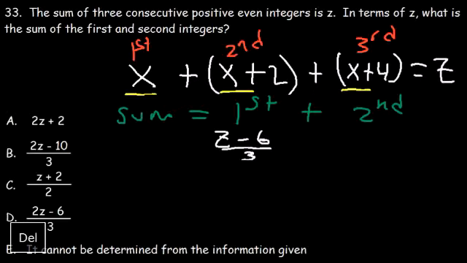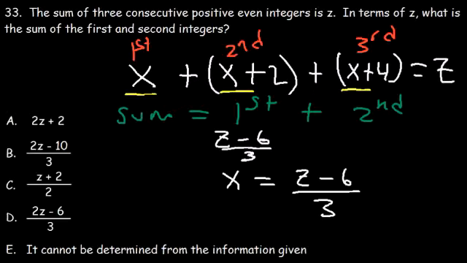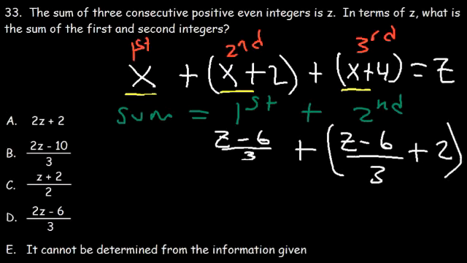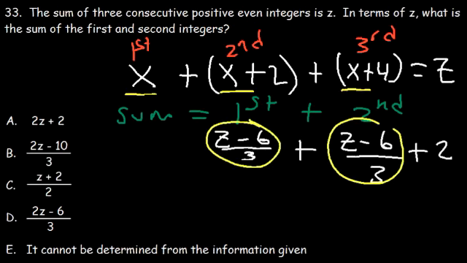So let's move this somewhere else. And the second one is x plus 2, so z minus 6 over 3 plus 2. So this is for the second integer. So now we can add these two terms together. z plus z is 2z, and negative 6 plus negative 6 is negative 12 divided by 3.